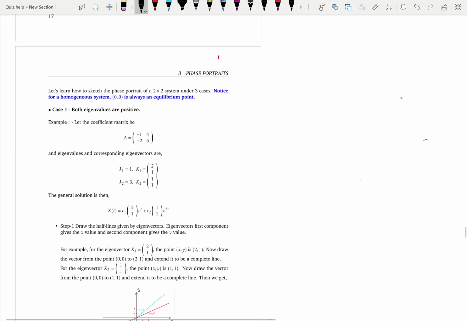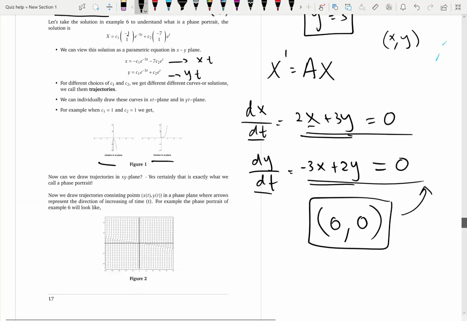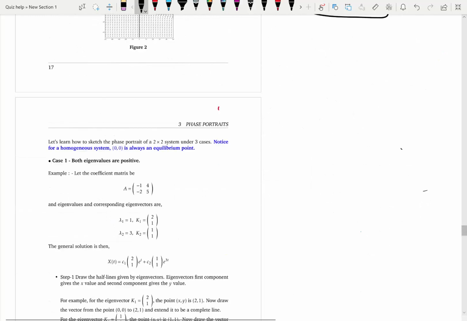So there should be a major effect coming from the eigenvalues and eigenvectors when we draw the phase portrait. Definitely yes. The solution curves for different arbitrary constants, we call them trajectories.